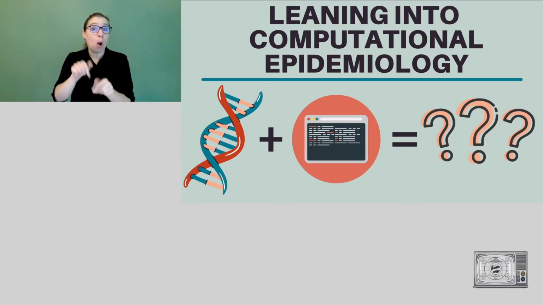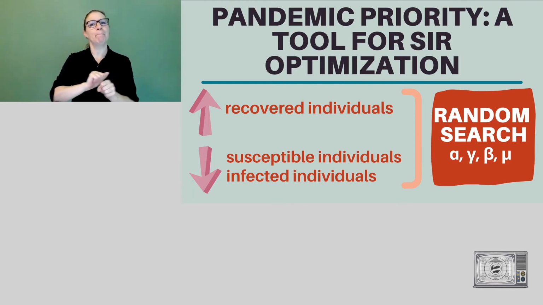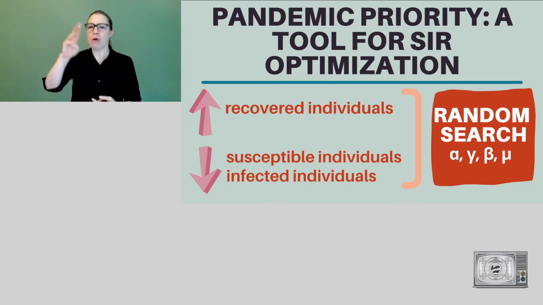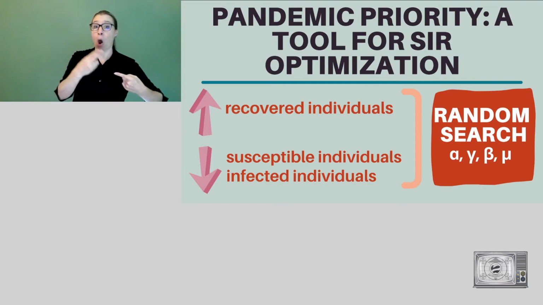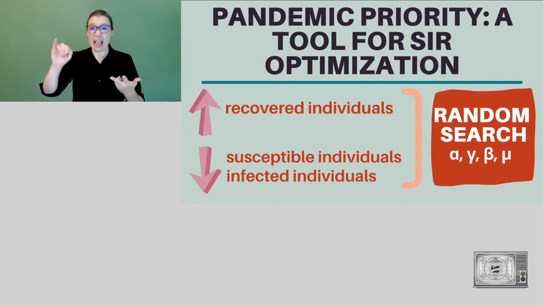With my passion to start working in computational epidemiology, I built PandemicPriority, a tool for optimizing SIR models. Specifically, this tool uses the Python programming language, various Python libraries, and a random search algorithm to randomly generate a set of rates associated with a disease system, including host arrival rate, recovery rate, infection rate, and death rate.